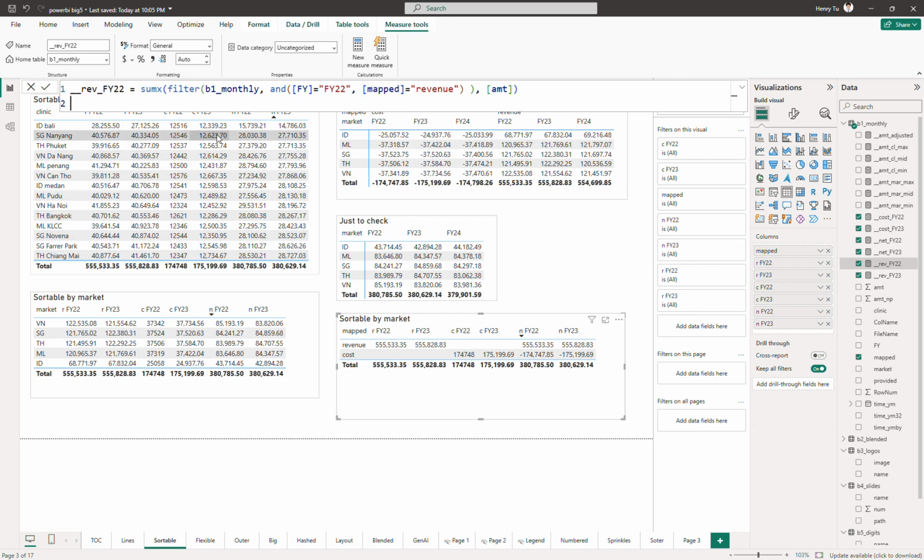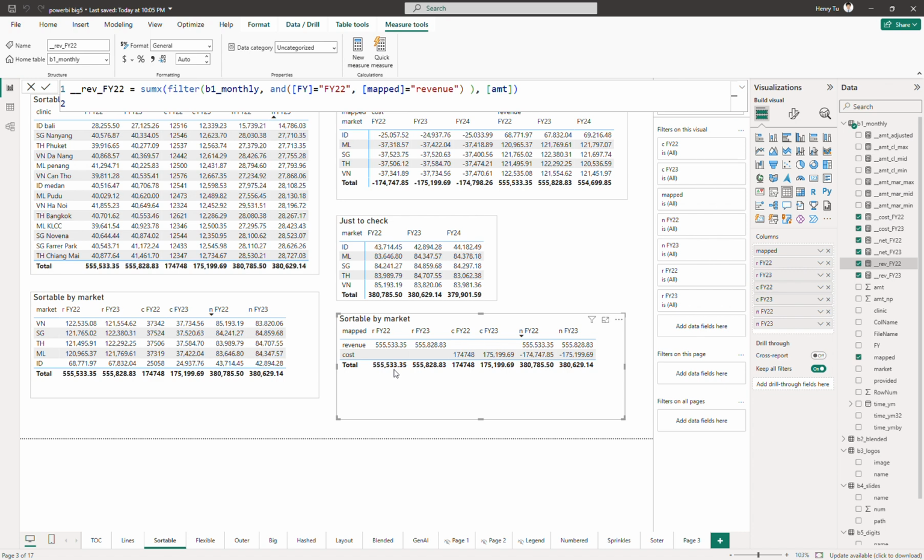In the formula, I only filter the items with FY22, and then the mapping name is revenue, and then I sum all the amounts together. So this will give me the revenue of the year, FY22 here.